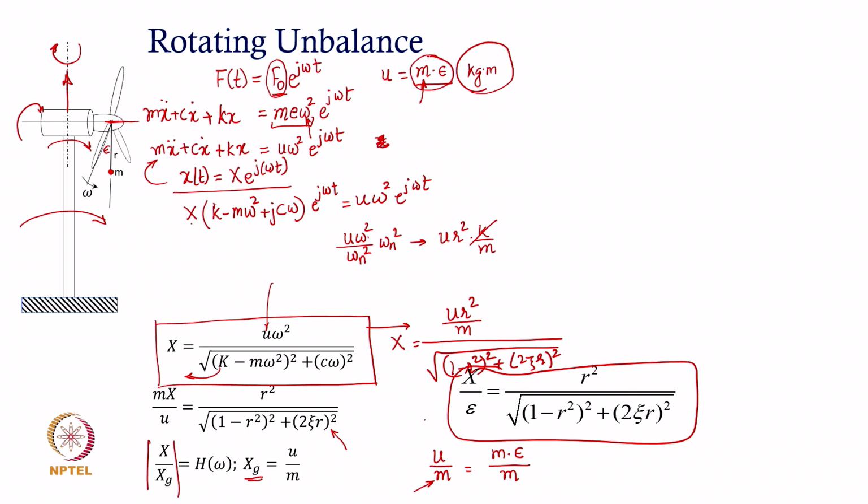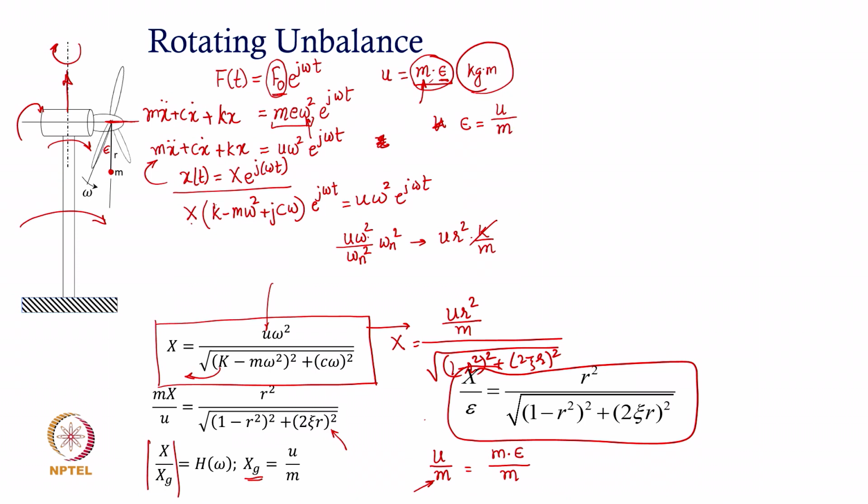Okay. When you experimentally find the unbalance in a typical rotor system, you do not really get mass and eccentricity separately, you get basically the total unbalance in the system. Now, if we assume that the total rotor mass is offset with the distance eccentricity epsilon, then the eccentricity would be obtained by dividing the unbalance that you get by the mass of the system or mass of the rotor.